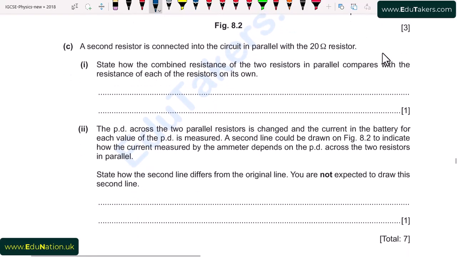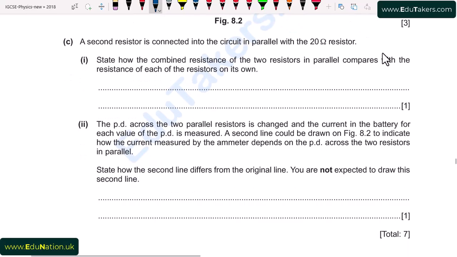Next part C. A second resistor is connected into the circuit in parallel with the 20 ohm resistor. State how the combined resistance of the two resistors in parallel compares with the resistance of each of the resistors on its own.